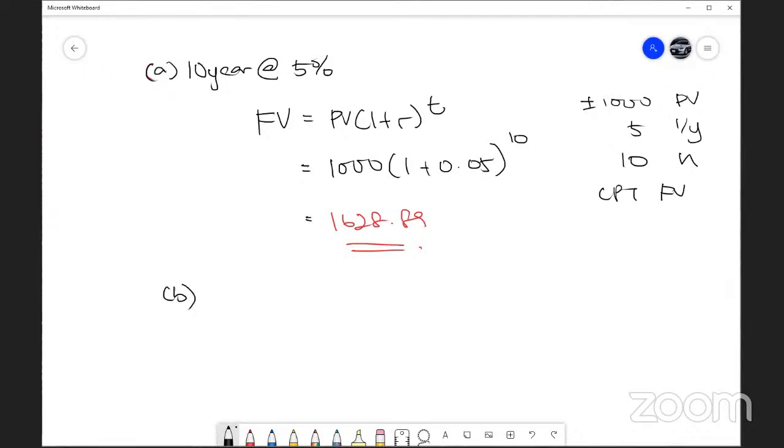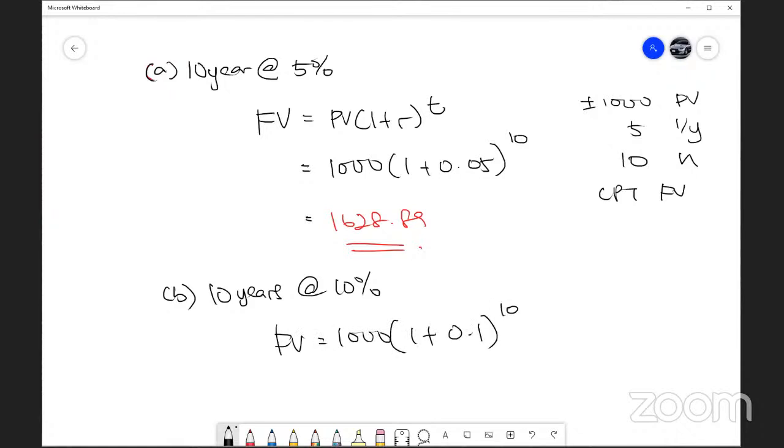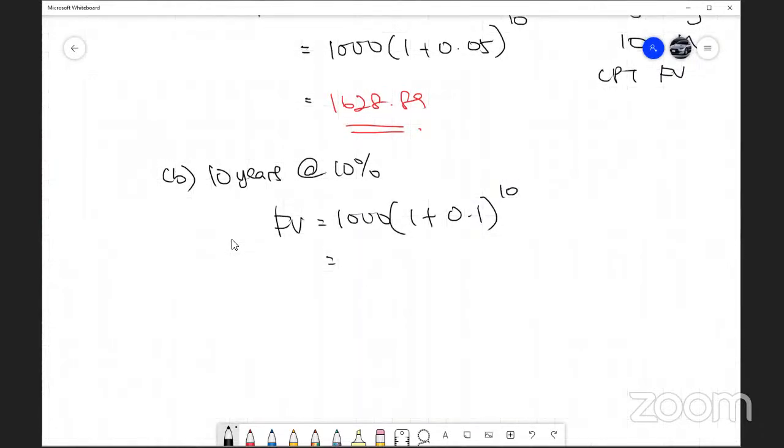Try B and C. Okay, take some time to try B and C with your calculator. Make sure you know how to use a calculator. At 10%, FV equals to 1,000, 1 plus 0.1, power of 10. C, 20 years at 5%.